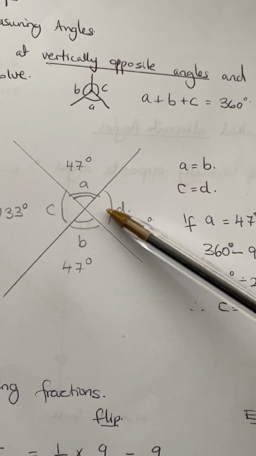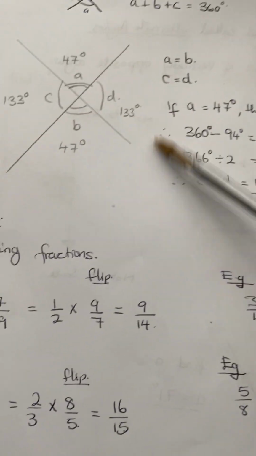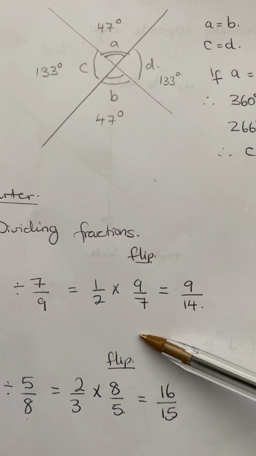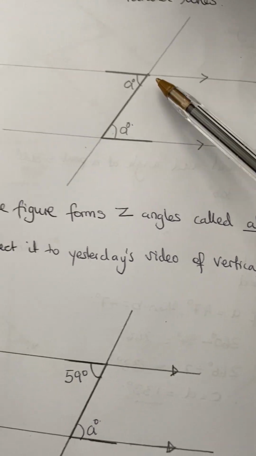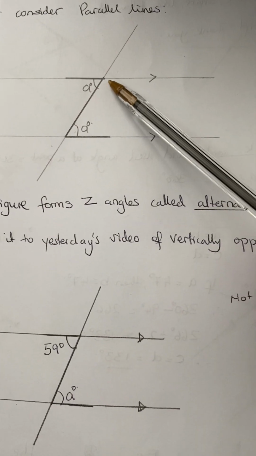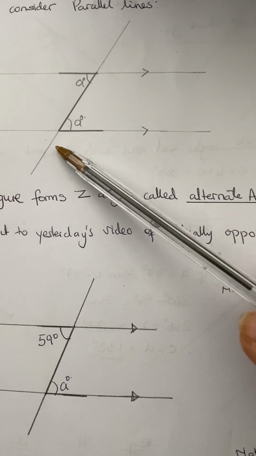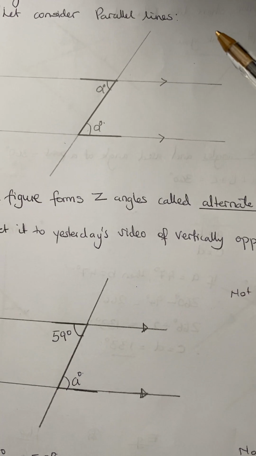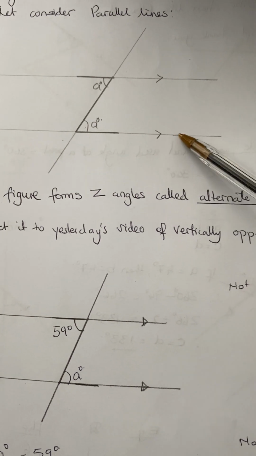I've also done some work with dividing fractions. Please don't forget that, because there are chances you will need it. Then I've introduced you to alternate angles, or the Z angles, where you have parallel lines. As long as it's a parallel line, it is true. Don't apply this when they are not parallel lines.